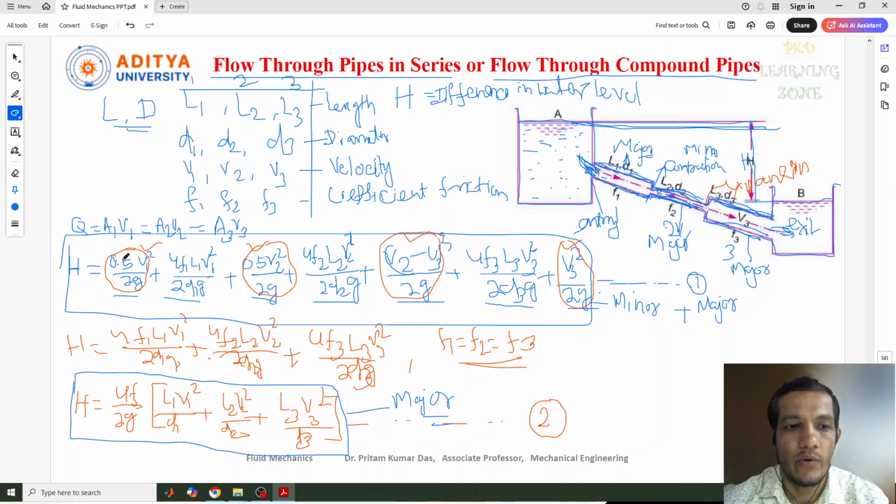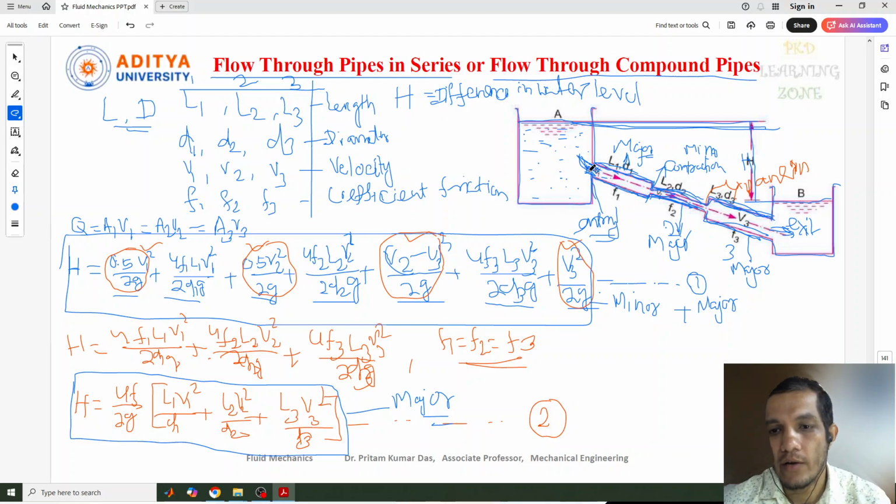Or we can just write each individual part. This is the portion where the water is coming from a tank to a pipe, and this is the entry point as I have written here. So due to the entry into the pipe, there will be minor losses. I already discussed the minor losses of various types, so you can follow the previous videos.